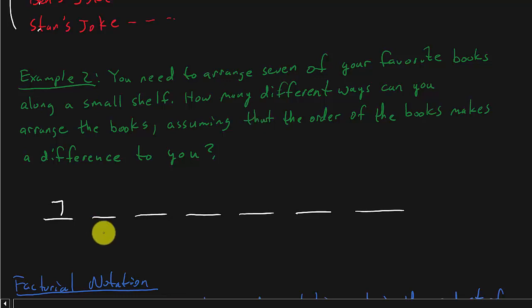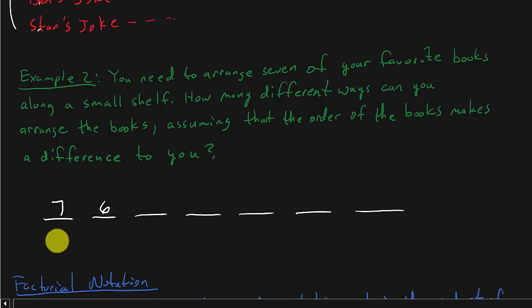Now, when I go to the second position on the shelf, how many choices do I have here? Well, I have 6 choices, right? Because for the first spot, I had 7 choices.